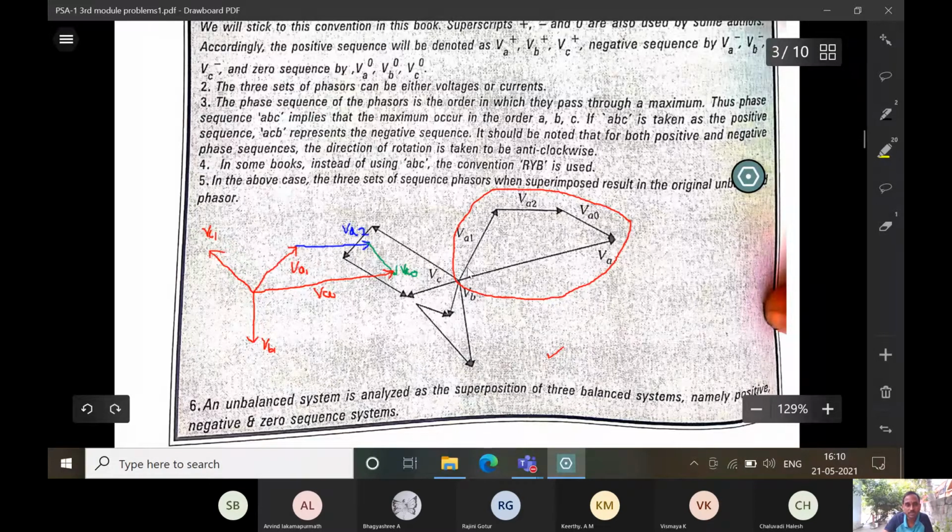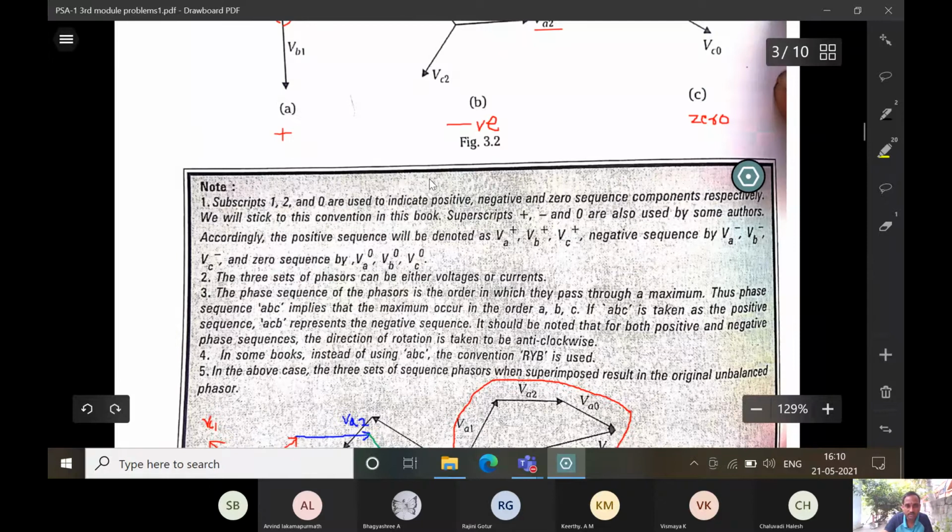VA1 is in this direction, VA2 is in this direction, and VA0 is in this direction. Drawing like this, we get VA.